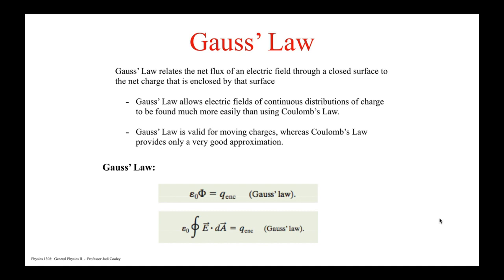Also, Gauss's law is valid for moving charges, whereas Coulomb's law provides us only a very good approximation in that case. Gauss's law says that epsilon times the flux is equal to Q enclosed. Another way of writing this is epsilon times the integral E dot dA equals Q enclosed.